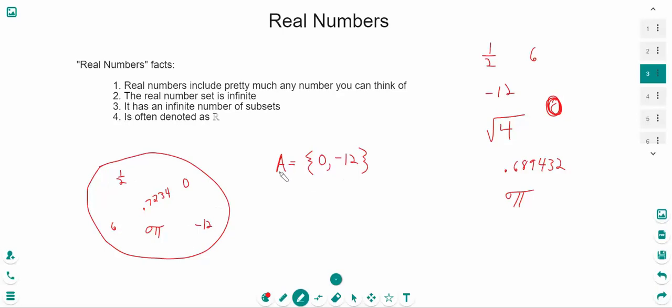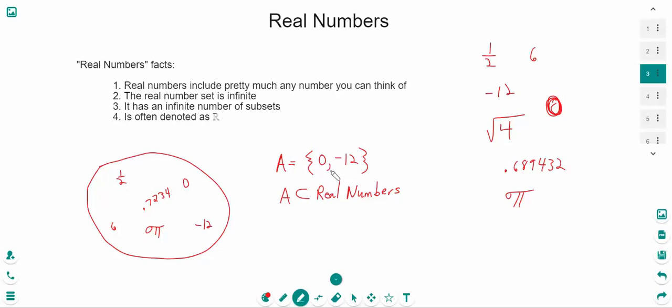So therefore, A is a subset of the real numbers. Hopefully that's clear.